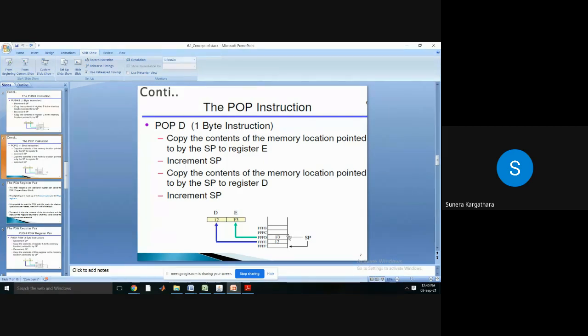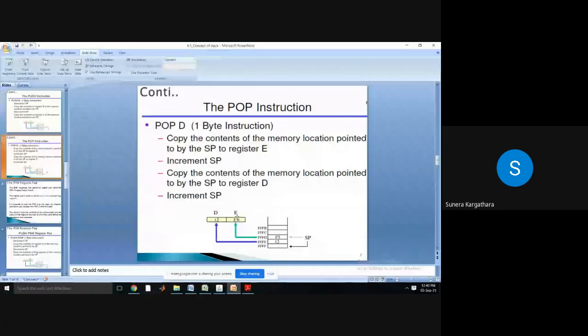Whatever data is available at the location in the stack pointer will be transferred into your register. First it will retrieve, then increment, and the data will be loaded into the higher order register. Again it will increment, and the stack pointer will be modified with this address. So first you are retrieving, incrementing, retrieving and incrementing.